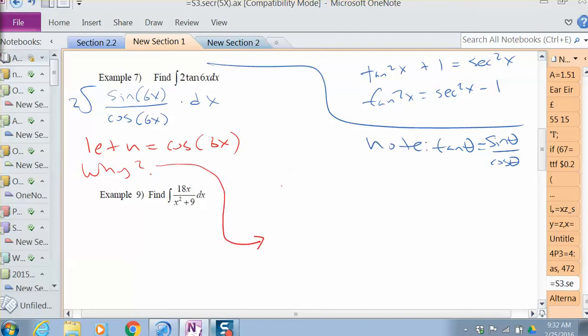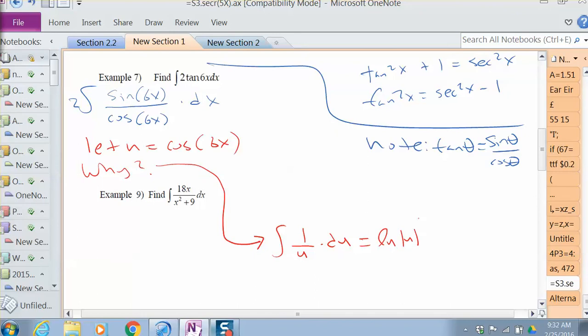All right. Why? Because what's going to happen is that you're going to wind up getting something kind of like this. What is that going to be? We talked about yesterday. Yeah, the natural log of the absolute value of u.